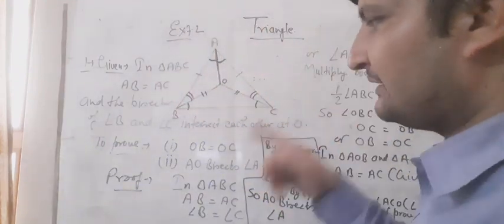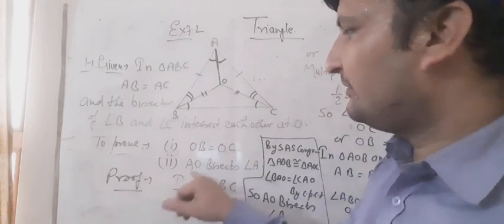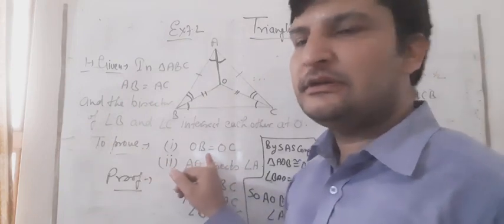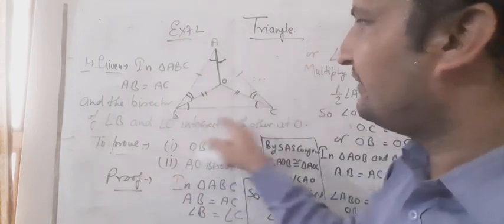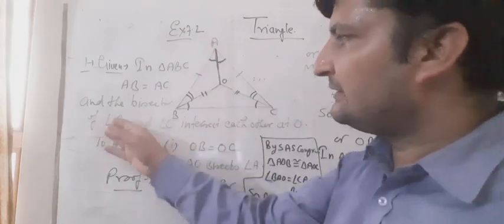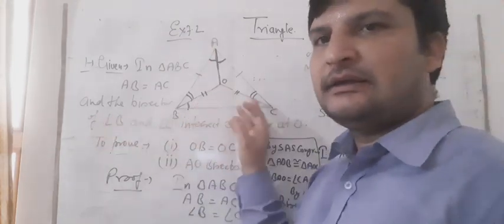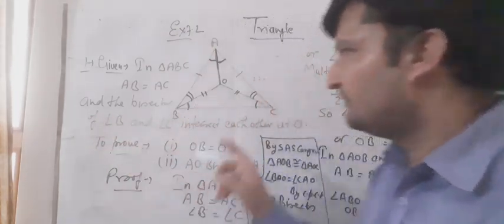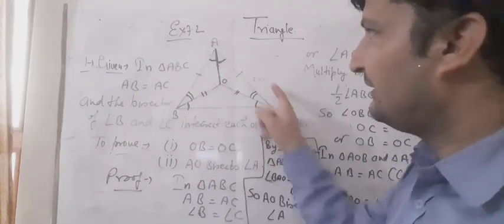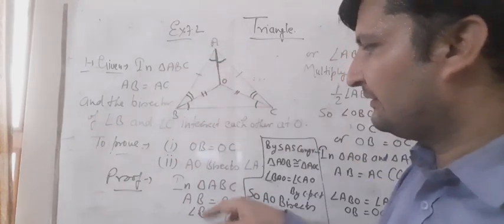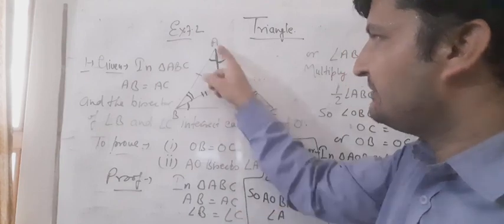First we have done this. We have to prove OB is equal to OC. OB is equal to OC is very simple to find out. Because it is given that angle B and angle C are the bisector of this, we have done it by taking triangle ABC, AB is equal to AC.